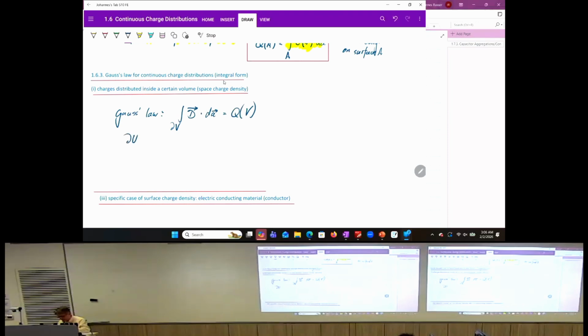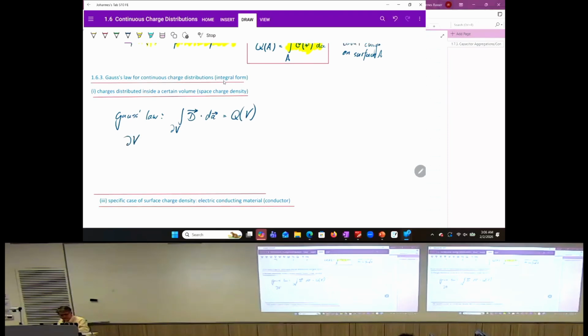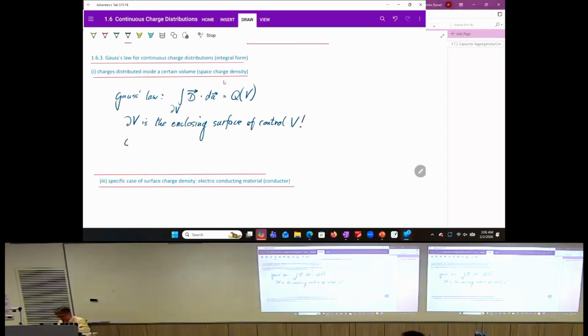Again, dV is the enclosing surface of the control volume. And the charge in the volume is obtained by taking the volume integral over the space charge density, rho as a function of r, dV. And that is the same as this one here.